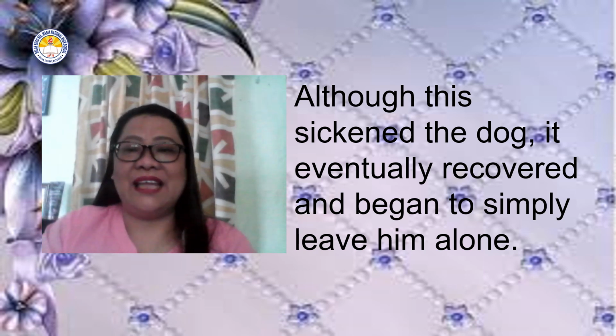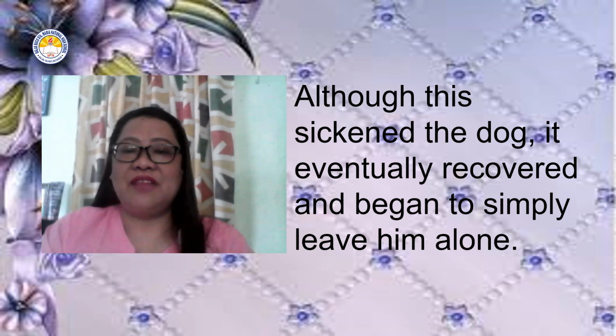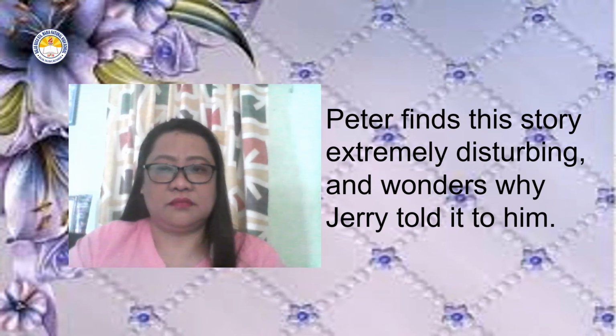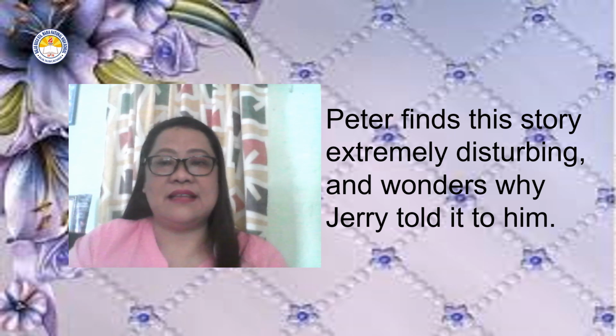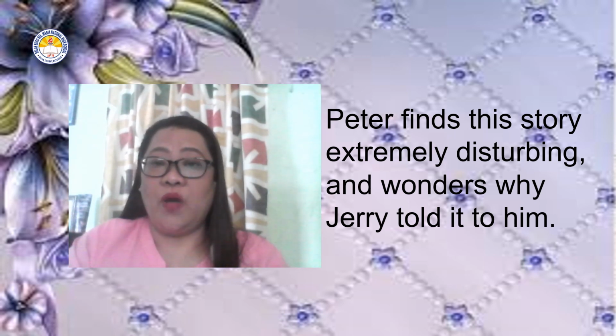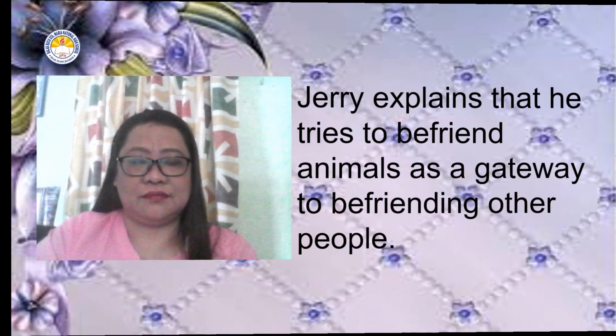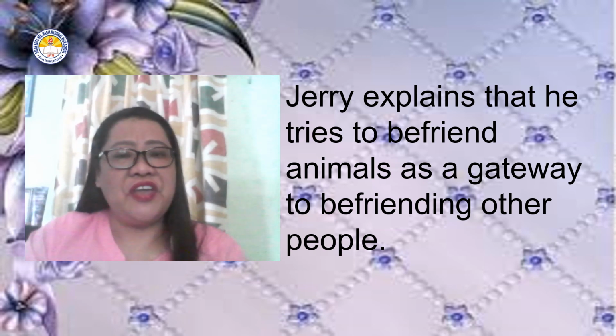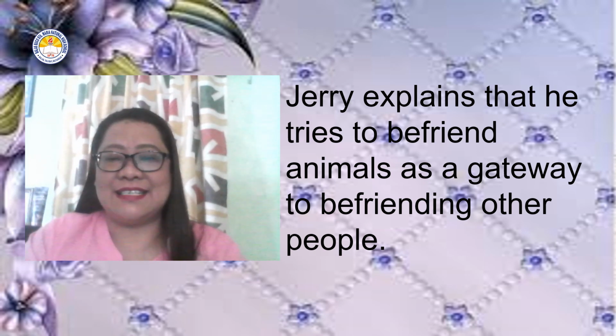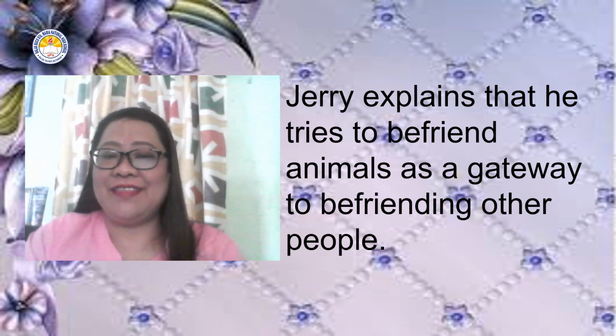Although this sickened the dog, it eventually recovered and began to simply leave him alone. Peter finds this story extremely disturbing and wonders why Jerry told it to him. Jerry explains that he tries to befriend animals as a gateway to befriending other people.